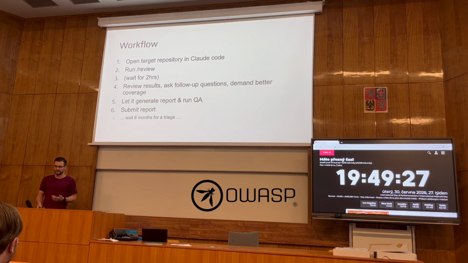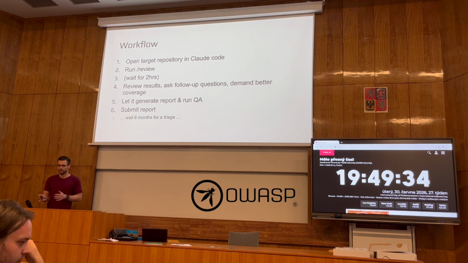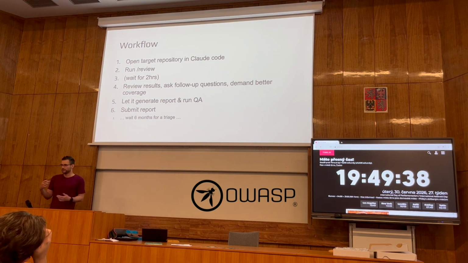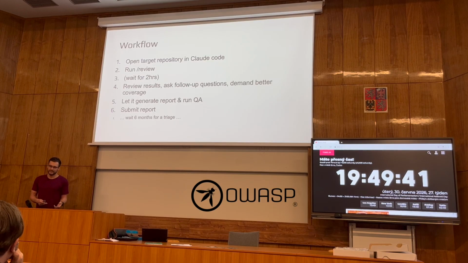And once that is done, you review the results, you ask follow-up questions, you demand better coverage, you steer it if you want to. And once you are happy, you let it generate the report, run the quality assurance phase, and then you can submit the report. And then you can wait half a year for triage from the maintainers. But I don't blame them. It's a hard situation for them. So I guess they'll need to adapt some similar workflows of their own to catch up.